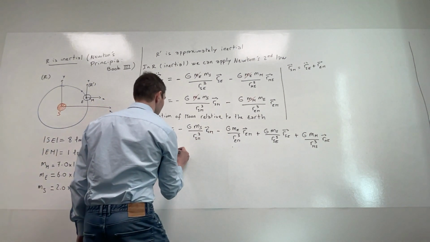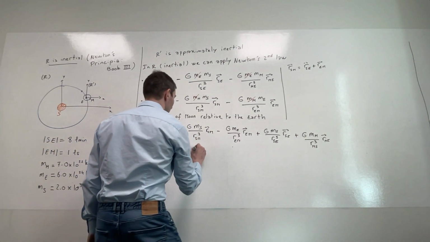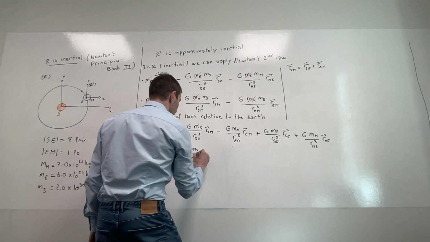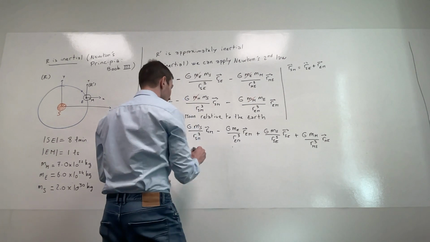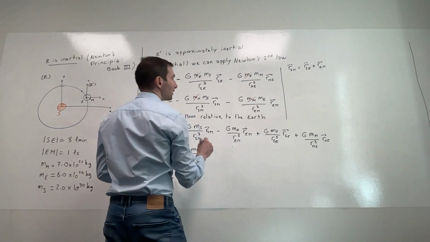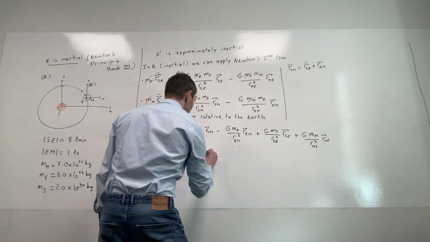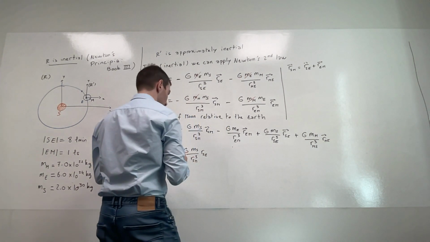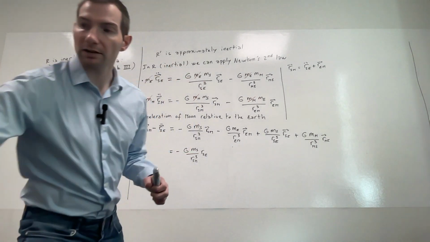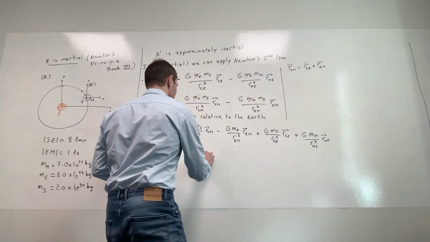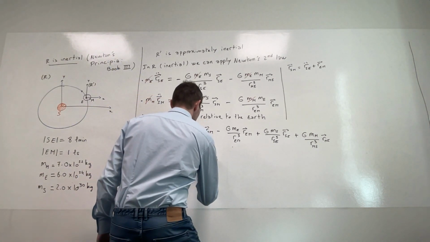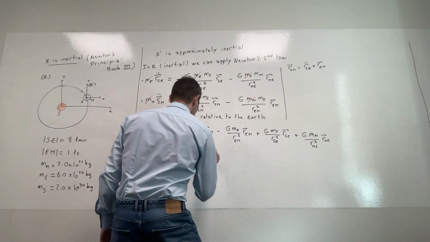So I'm going to get minus G, then M_S, then R_SM cubed. And then here I've got R_SE. In fact, I'm going to say here that I've got R_EM.